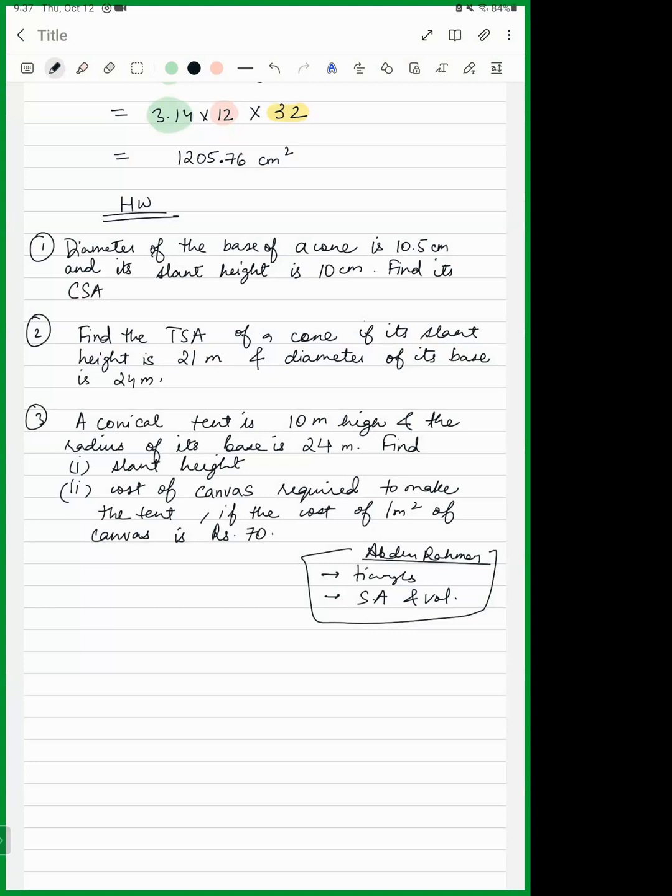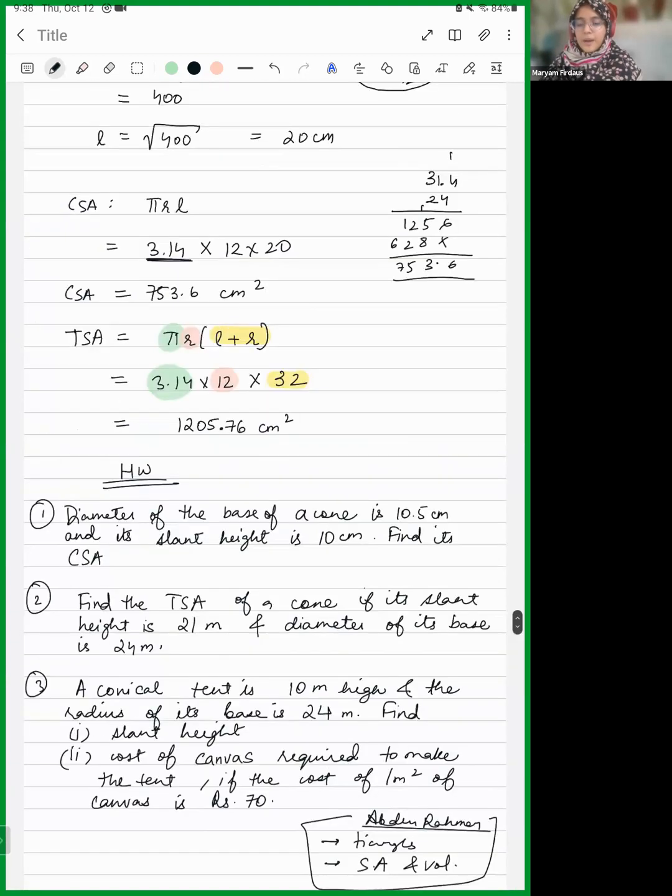Then after simplifying it will be pi bracket R into L plus R square. No, you will take out R also as common. So pi R into (L plus R). We did it now. See this one. Pi R into (L plus R). Okay, fine.